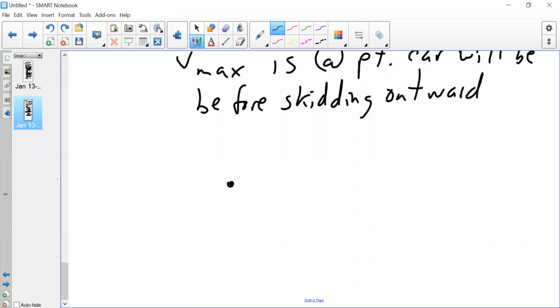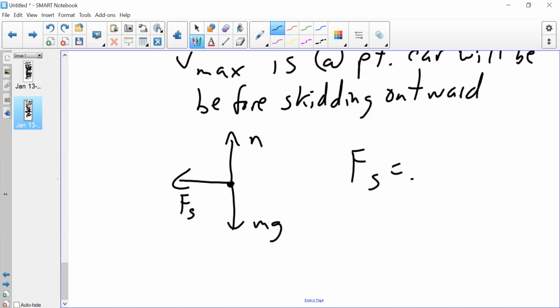Well, if we look at the perspective of the picture here, we have the normal force and weight down there, and then the static friction going into the center of the circle. It doesn't matter if you had Fs going left or right, just perspective. So Fs is equal to mu s N, and then that's going to be equal to mv squared over r. That's the only force in question, or at least the only force that makes up the centripetal force.